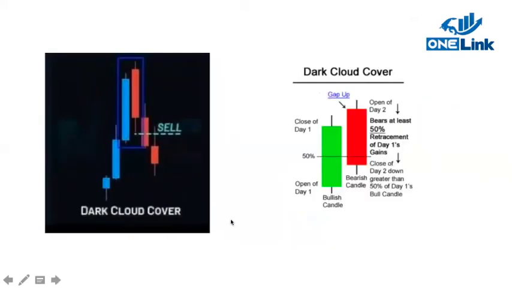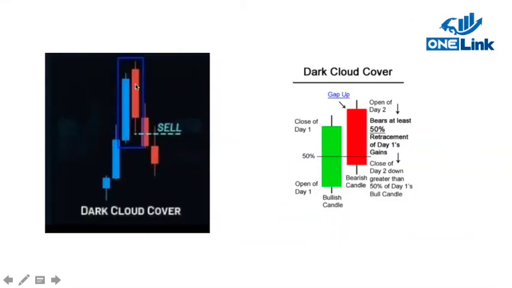Okay, this is like a piercing line, but in the opposite direction. Piercing line happens at the support zone, but this dark cloud cover happens at the resistance. So when you have this dark cloud cover, you have a bullish candle, then you see one candle open up in a gap, but instead of going up, the price started to come down. So it started creating a dark cloud cover.